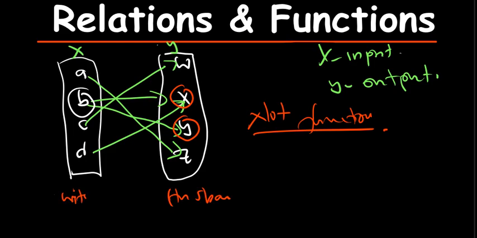The x is the wife. So I can have two wives get married to one husband. That is okay. Two ladies get married to one man. It's fine. Three ladies get married to one man. That is okay.